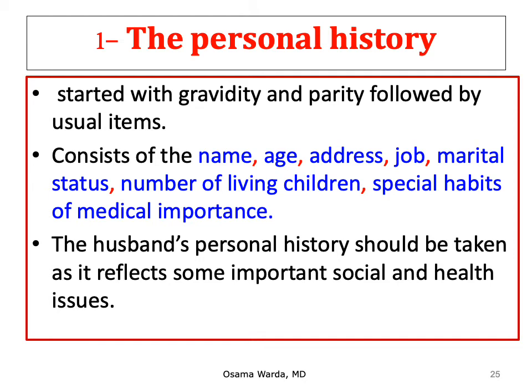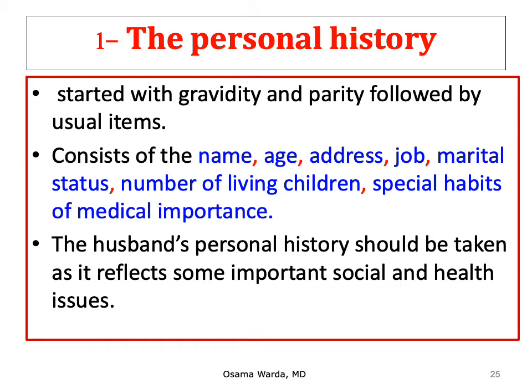Patients working in textile factories are more liable for asthma. Marital status: married or not, whether her husband has another wife or not, number of living children, to evaluate how precious this baby is, and special habits of medical importance, especially smoking.